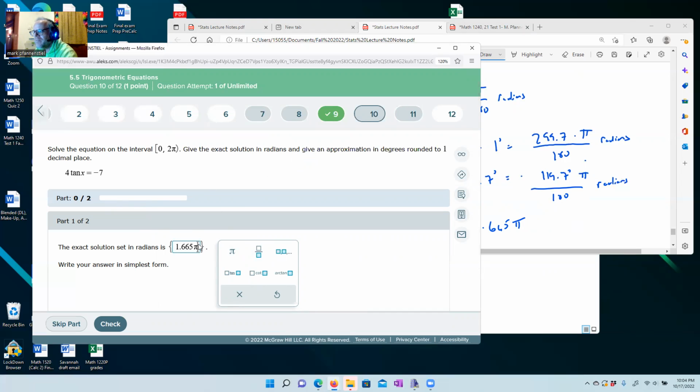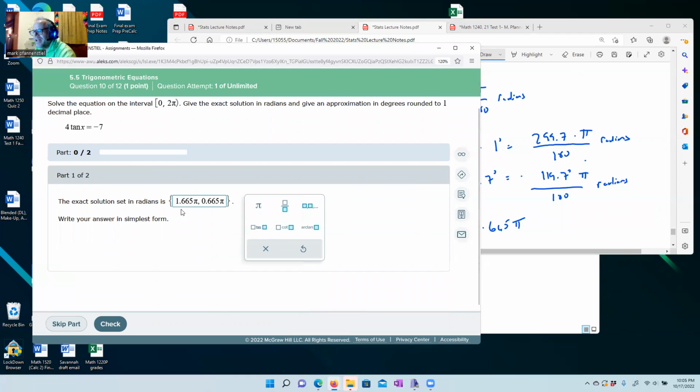But if they don't want the pi, we can just multiply this by pi and come up with a number to 4 decimal places. Either way, we'll type that in and we'll see. I'm not that confident as to what's going to happen here.